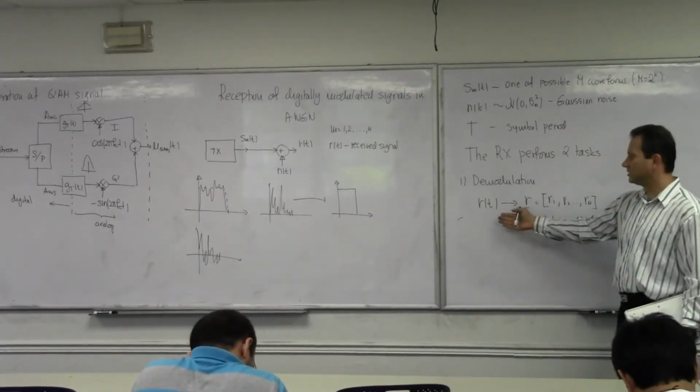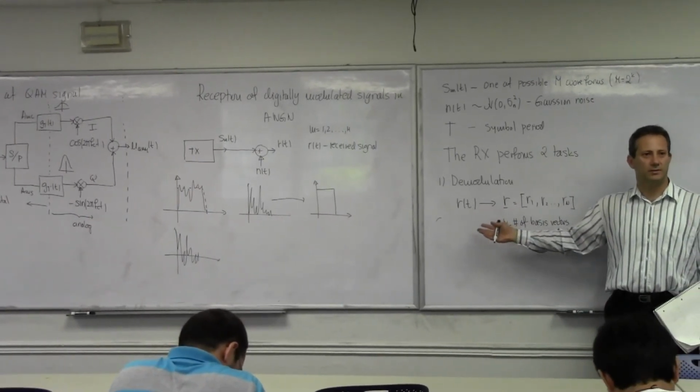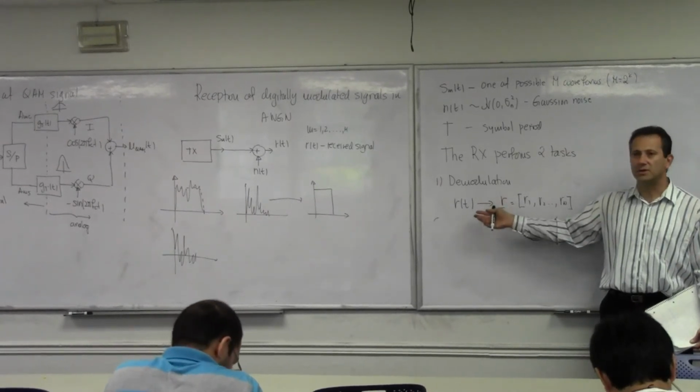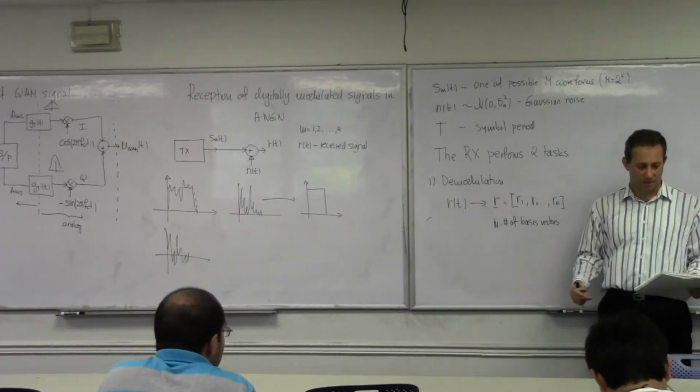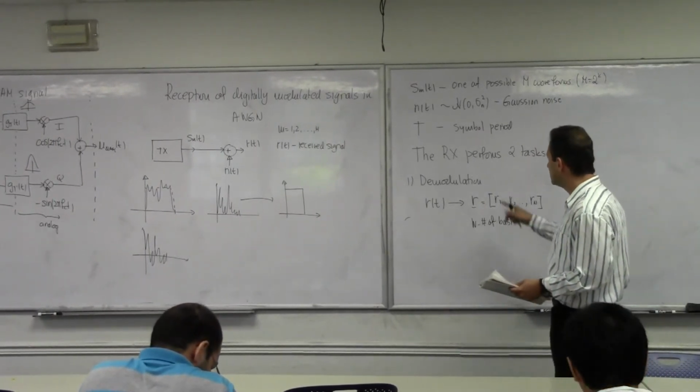So it needs to look at this signal and say, hey, in my symbol space, where is this point? Right? So how do I do that? I'm going to take whatever comes here and decompose it along my basis vectors. So that's the first task.